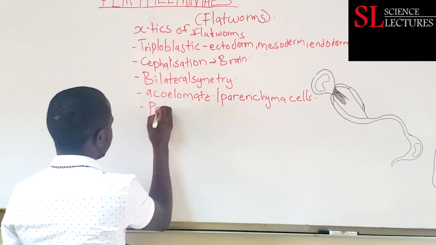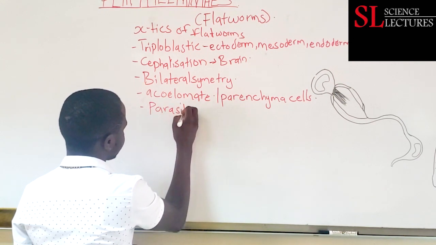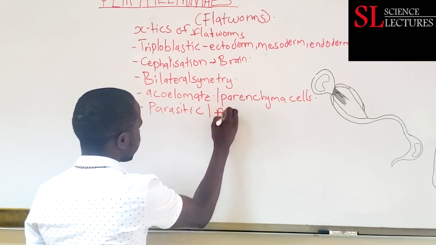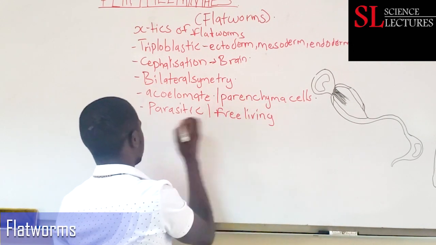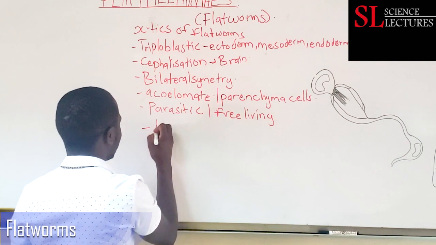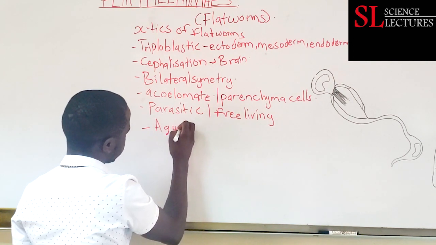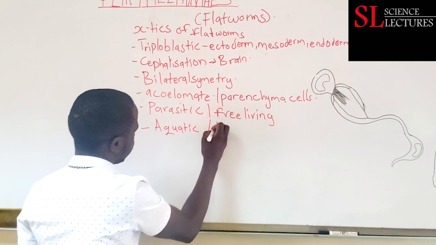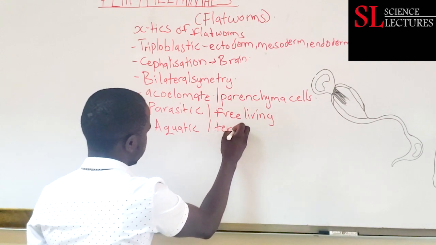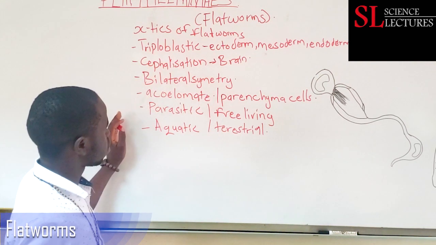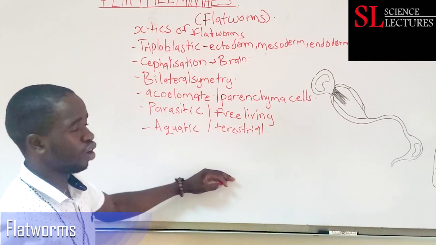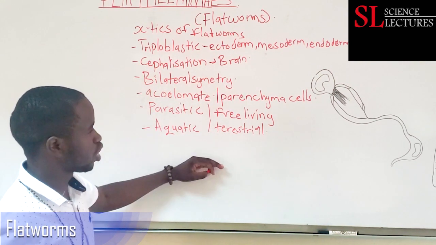Then they are either parasitic or free living. On top of that, they are either aquatic or terrestrial. So those are the general characteristics of flatworms, and we are going to see more specific ones.